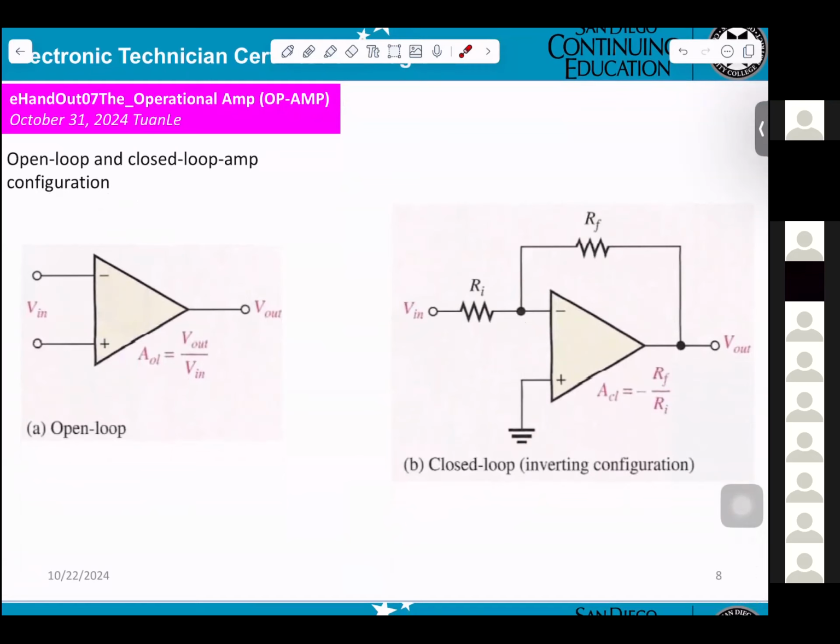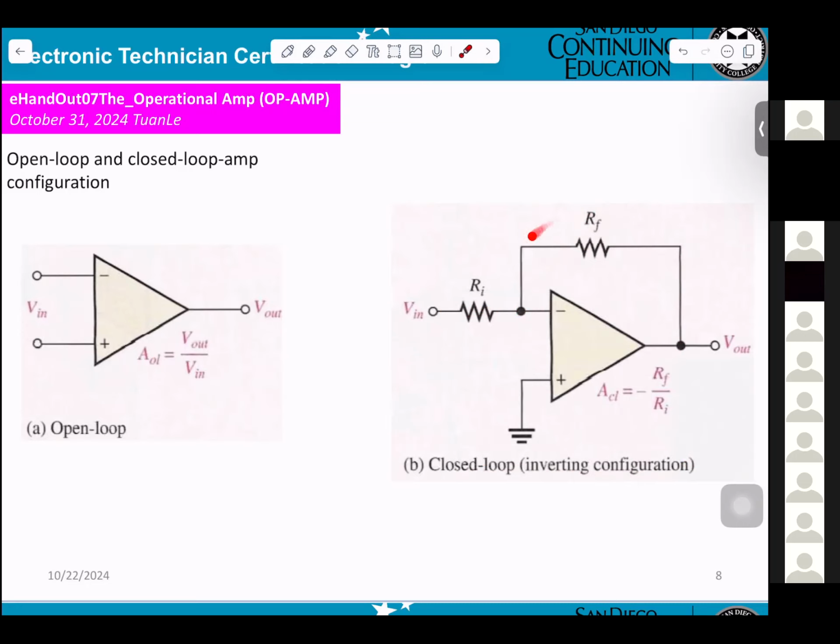Okay, open loop. This is the open loop gain. That means no feedback connection. AOL, open loop gain, equals VOUT divided by VIN. This is the closed loop. That means now you get a resistor RF connected to the negative, and you get RI connected to the negative.